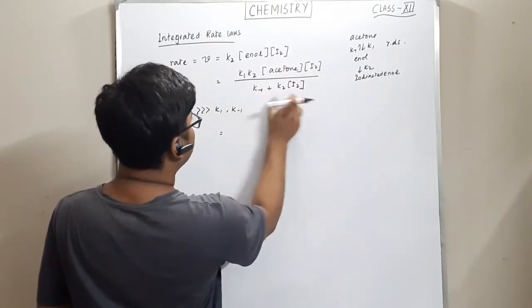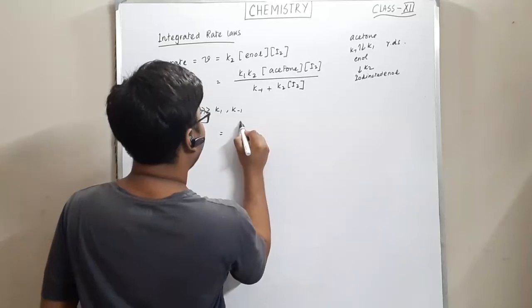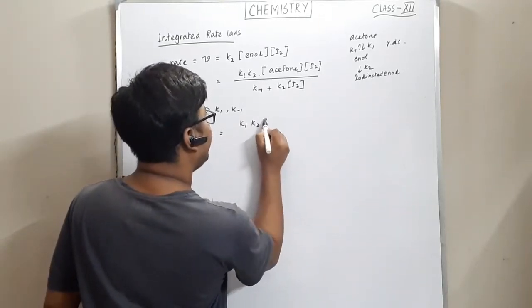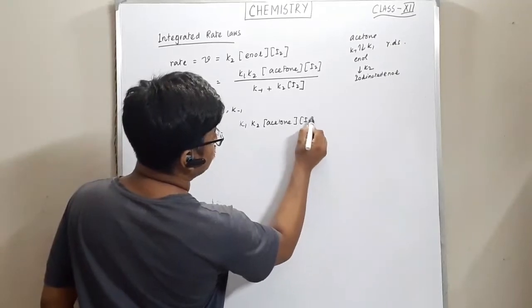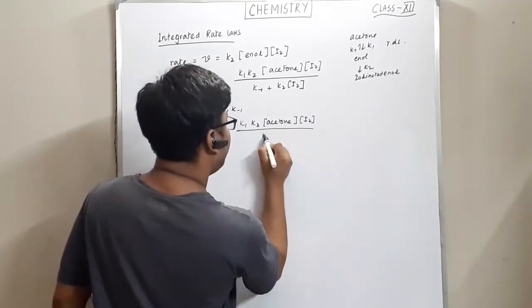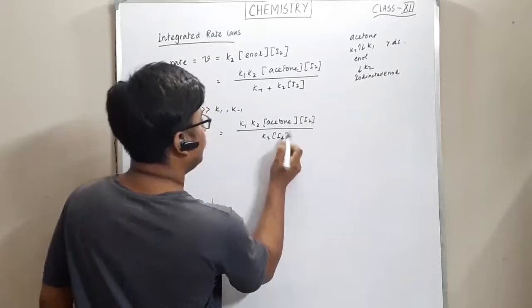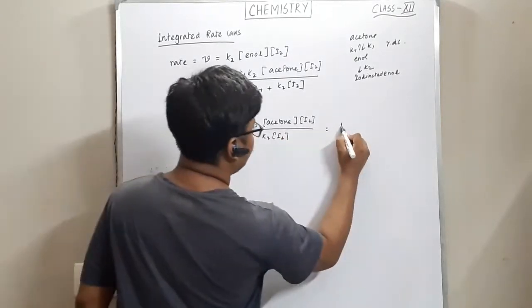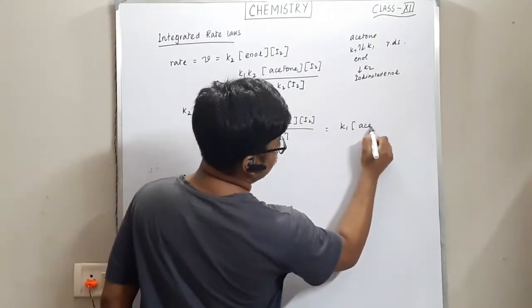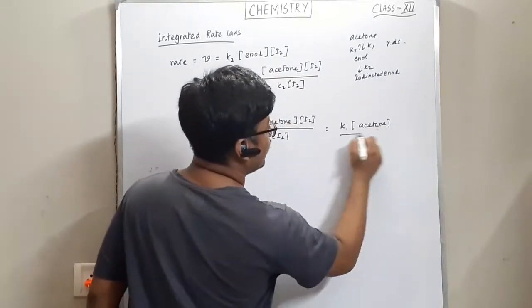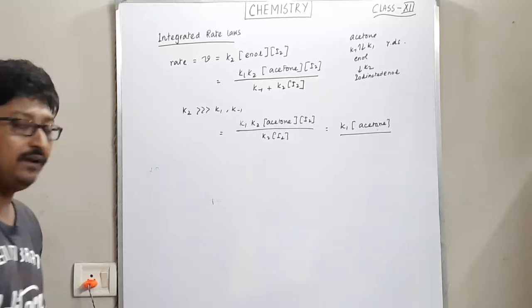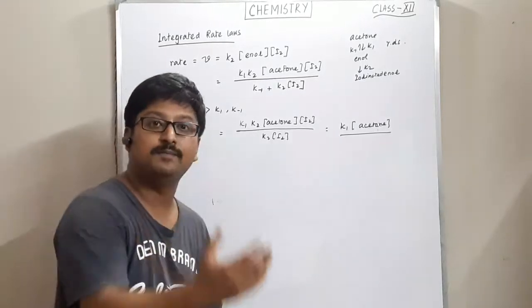So this equation changes to now what? We can ignore this part and write K1 into K2 concentration of the acetone multiplied by concentration of the iodine divided by K2 into I2. Now K2 I2 cancels out, so you will get K1 into concentration of the acetone. Which is actually what we get experimentally.